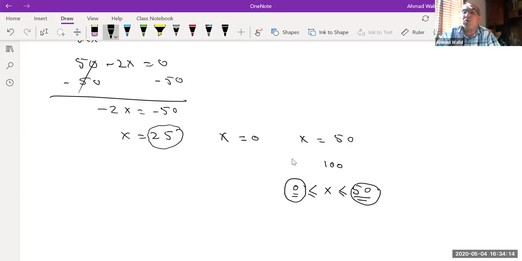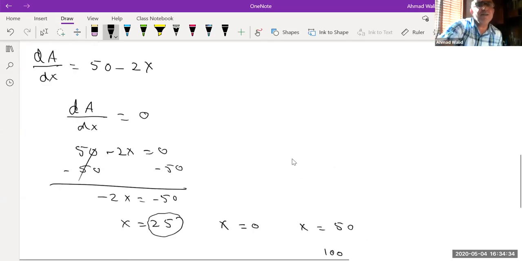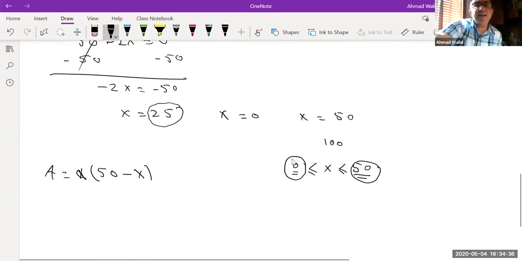I explained that x equals 0 or x equals 50 will not give you a maximum area. I showed it in the picture, but look at your function. Your function is A equals x times 50 minus x, right?